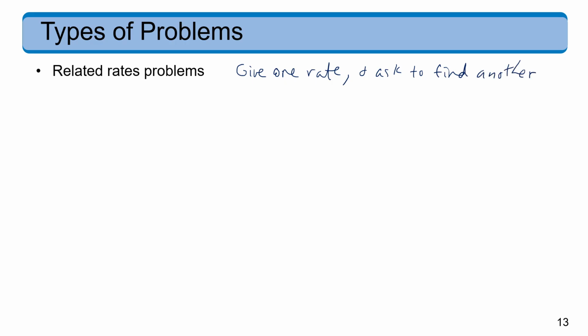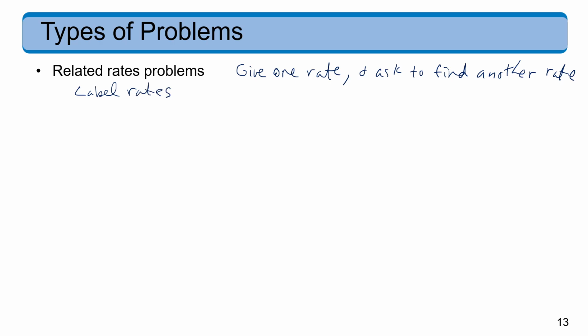Okay, so you'll want to review all the steps here, but just a key thing to remember is you need to label the rates, which means you need to introduce variables.